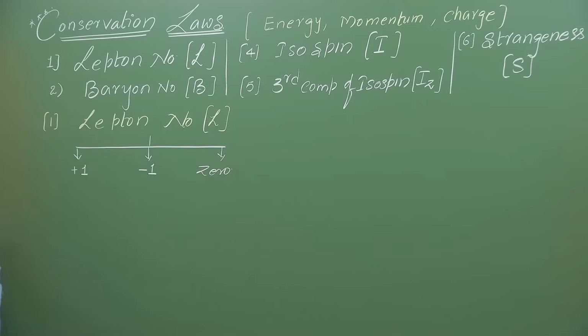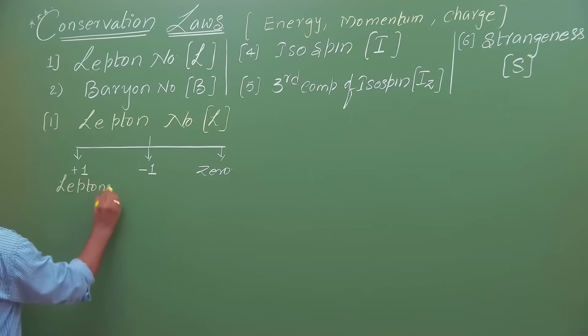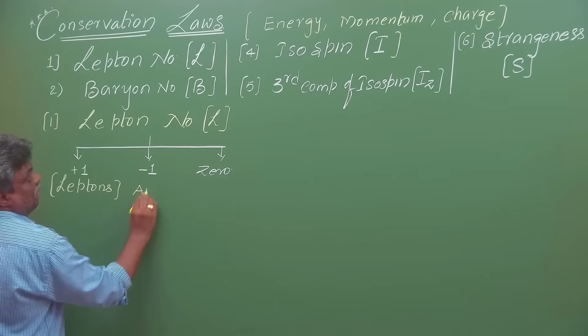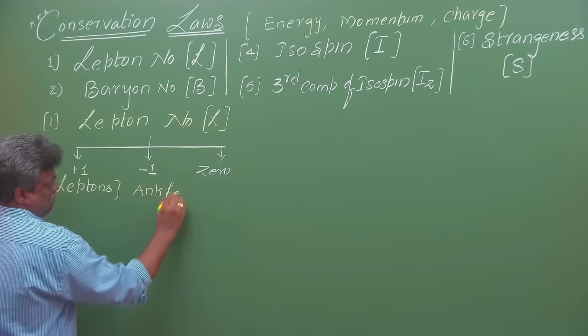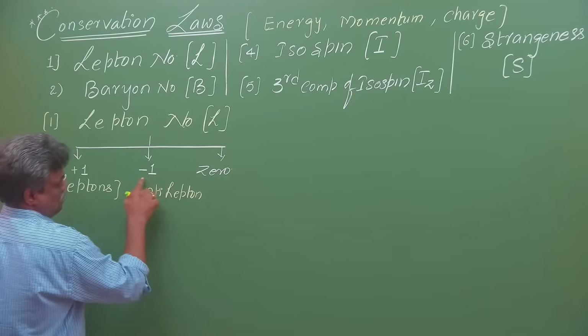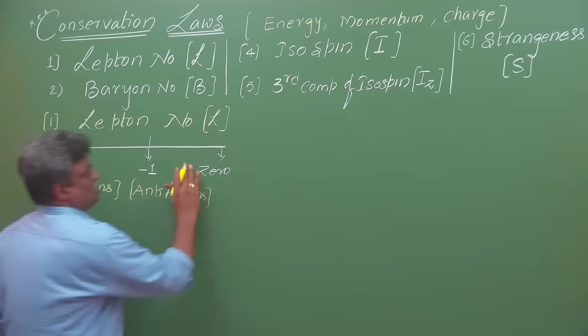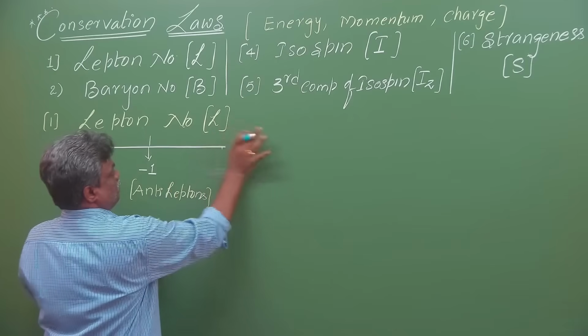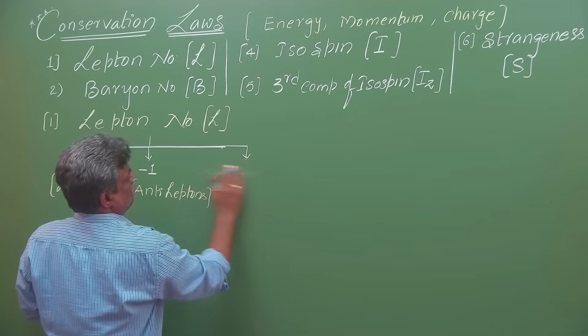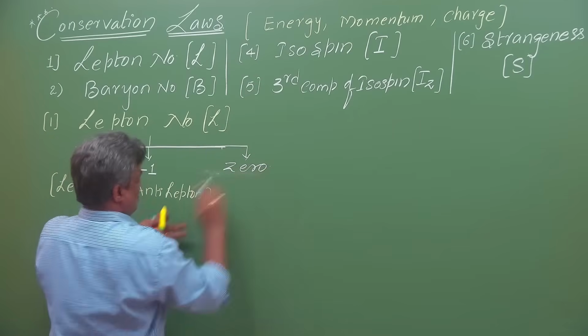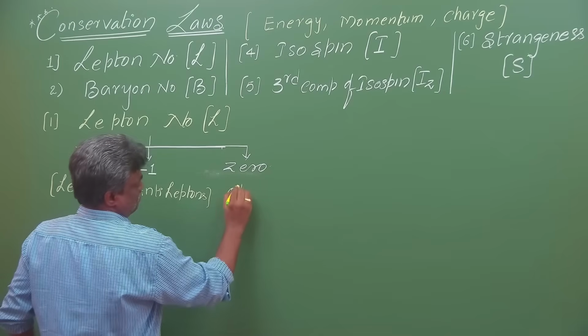What is the lepton number? +1 for leptons, -1 for anti-leptons, and 0 for others.